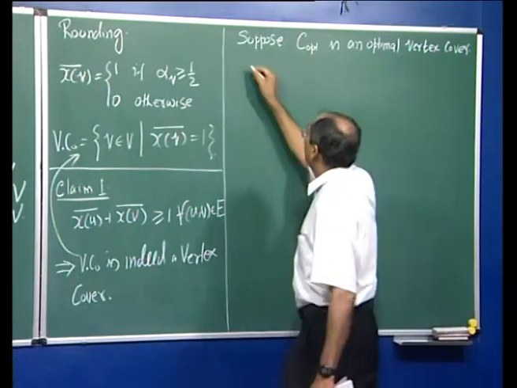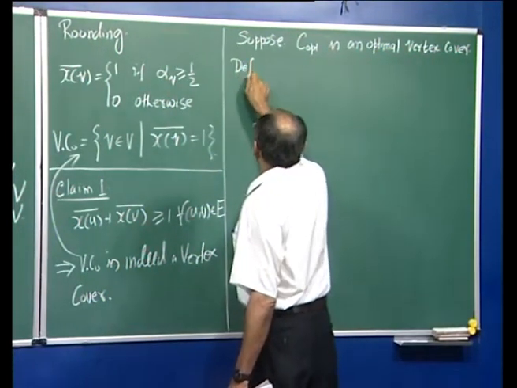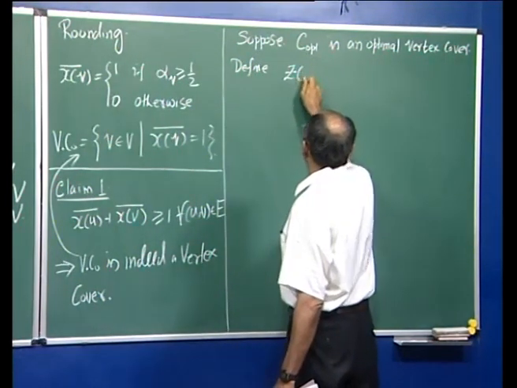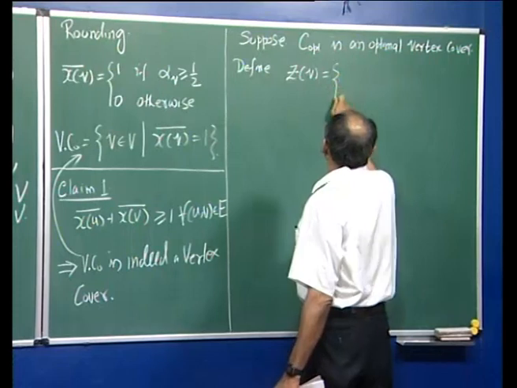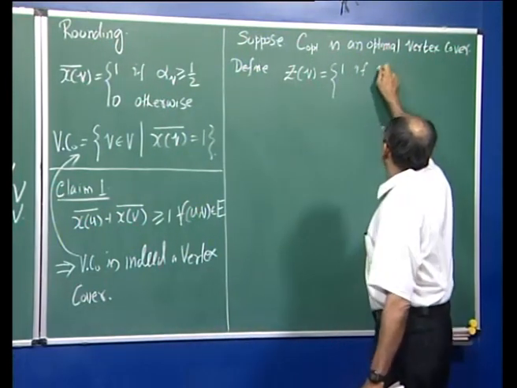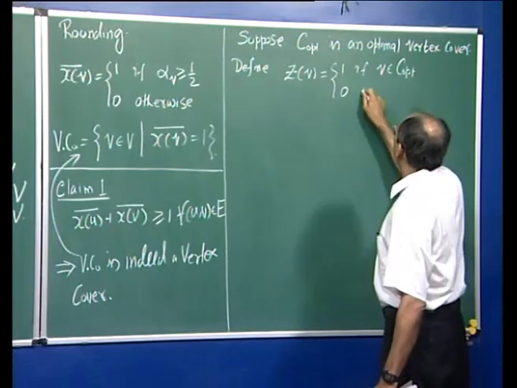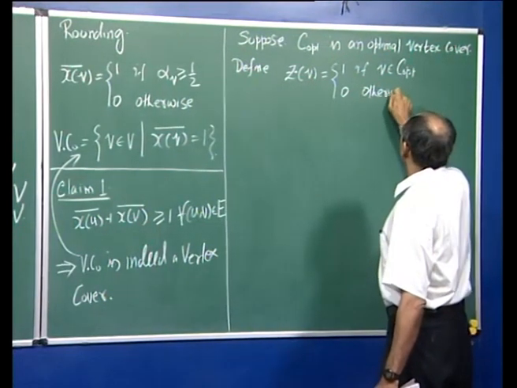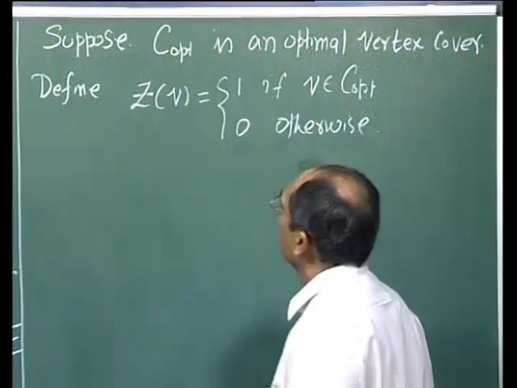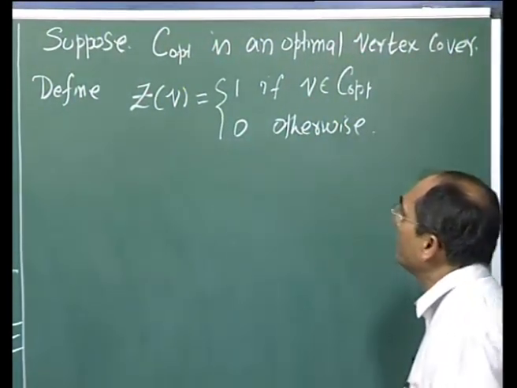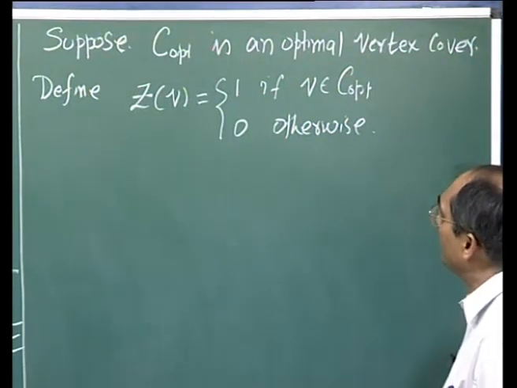Okay, so let us now define ZV to be 1 if V is in C opt and 0 otherwise. So, we define this characteristic function for that set.